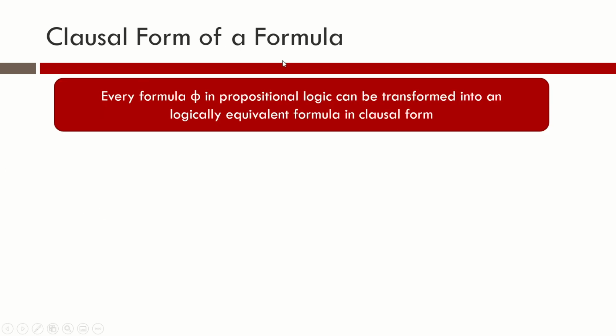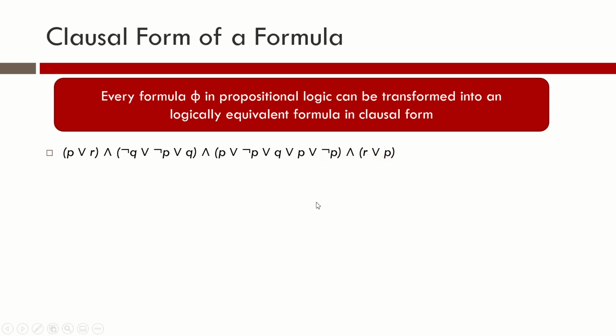Now, we will see the clausal form of a formula. Every formula phi in propositional logic can be transformed into a logically equivalent formula in clausal form. For example, let us consider this formula. In this formula we have (P or R) and (negation P or negation Q or negation P or Q) and (P or negation P or Q or P or negation P), and we have (R or P).